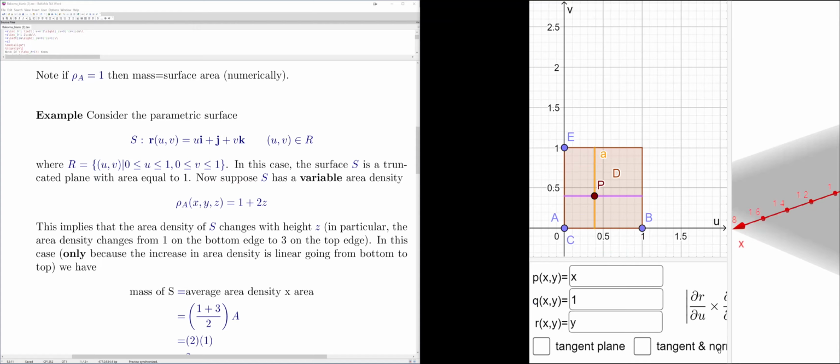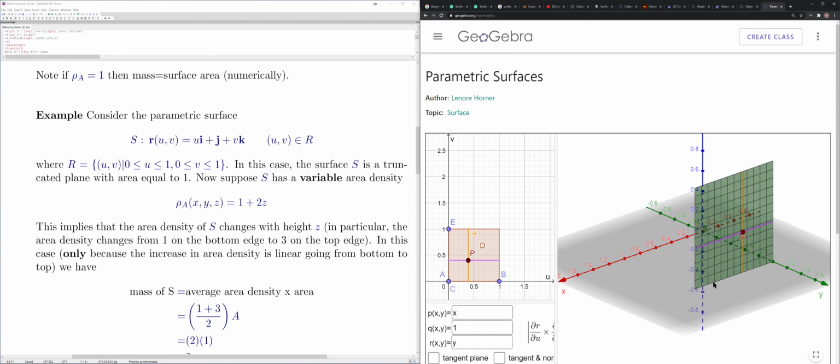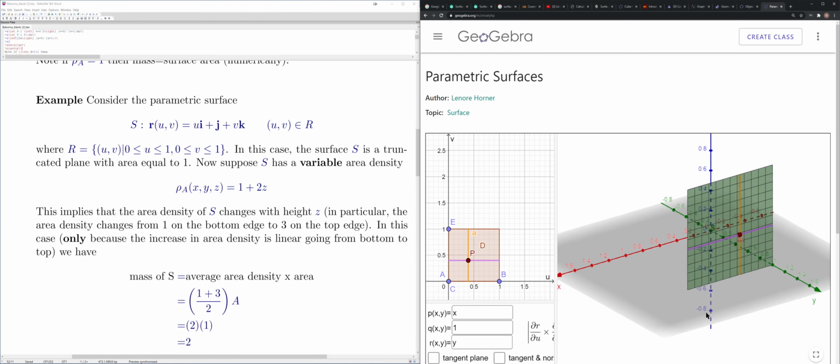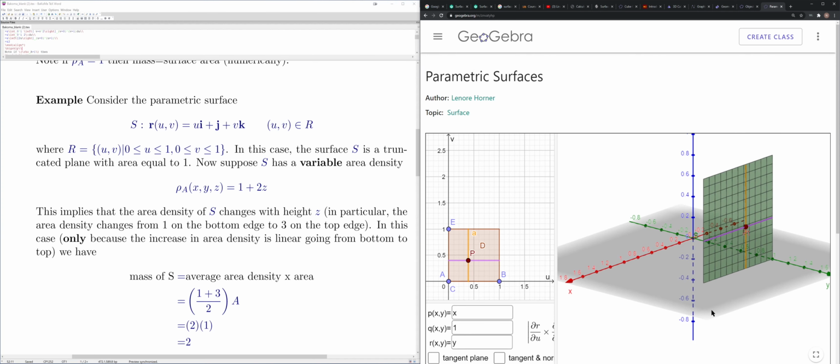So for the average area density, you can take the values at the bottom edge and the values at the top edge and just take the average of those: 1 plus 3 is 4, divided by 2, is 2. So because this function is relatively nice, even though the area density is changing as you go from the bottom edge to the top edge, you can actually work out the mass without using a surface integral.